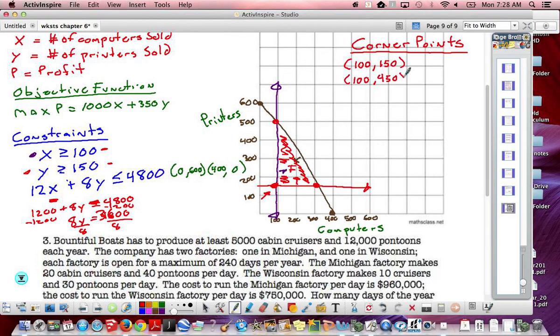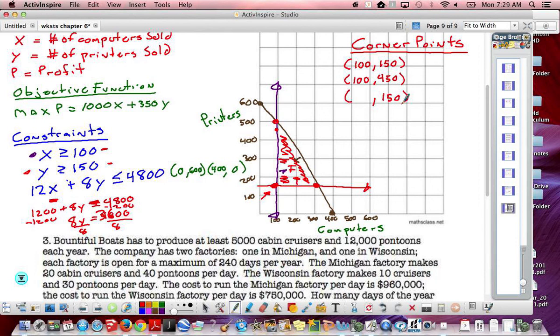So I look at that graph, and does that seem to be about right? Mine was a little bit high, partially because my line was a little bit low. But that intersection point should be actually sitting at about right there. Then I do my other one. Here, I know my y is 150.